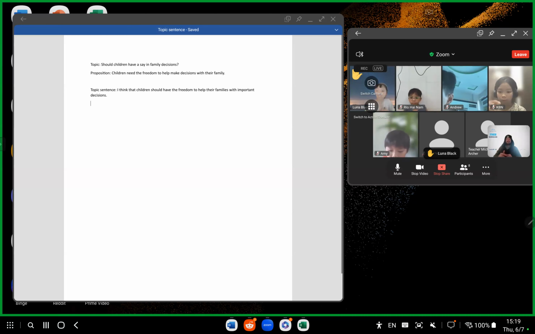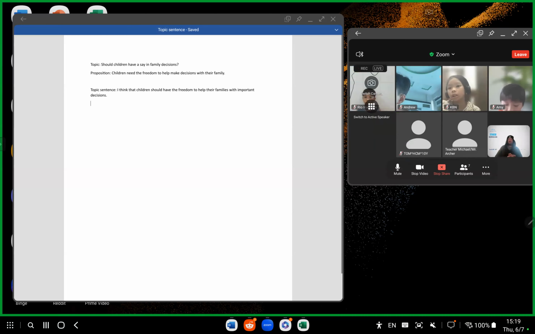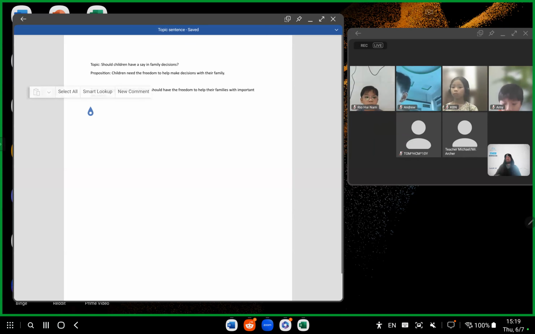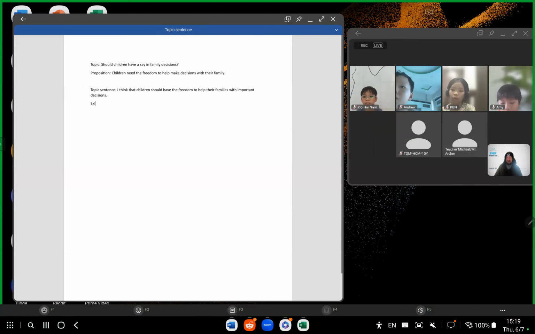Okay. So guys, now that we have done our topic sentence, we are up to writing our explanation. So remember, our explanation is expanding on our topic sentence.